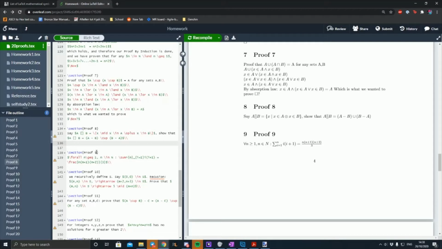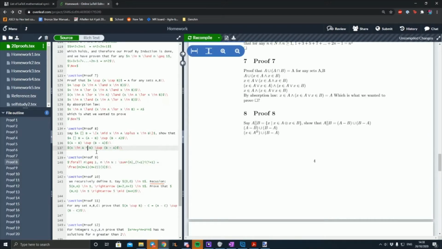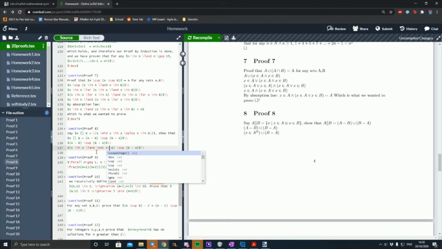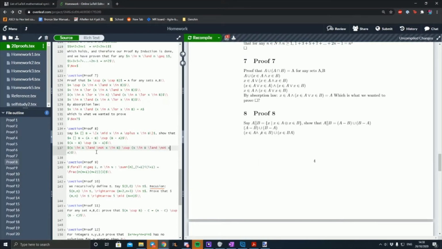So we're gonna take this, and this is equal to the elements that are in A and not the elements that are in B, or the elements that are in B and not the elements in A. So what we have here is, oh god, that looks horrendous. Oh yeah, the not should be before the in.